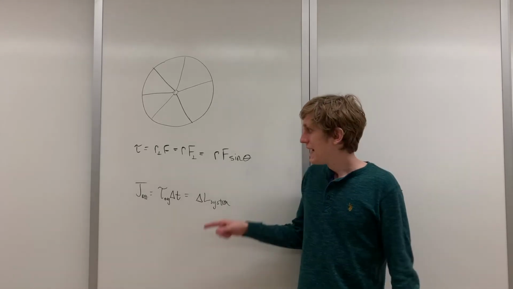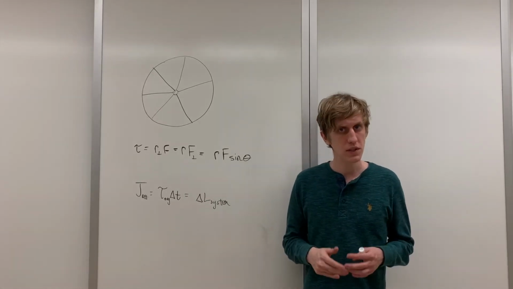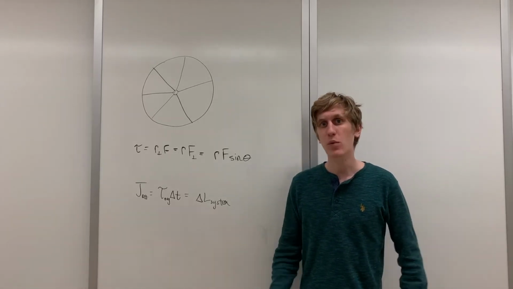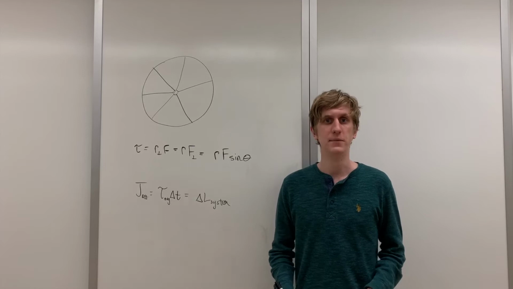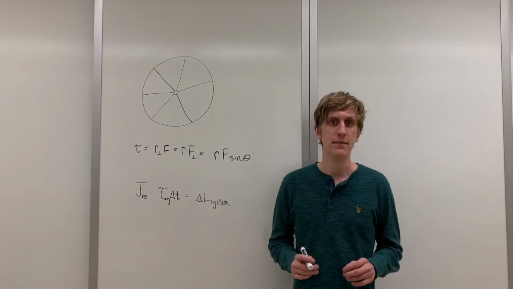But we've seen an equation exactly like this already, just with forces and momentum. It says that the impulse is equal to the average force times the change in time, which is equal to the change in the momentum of the system.